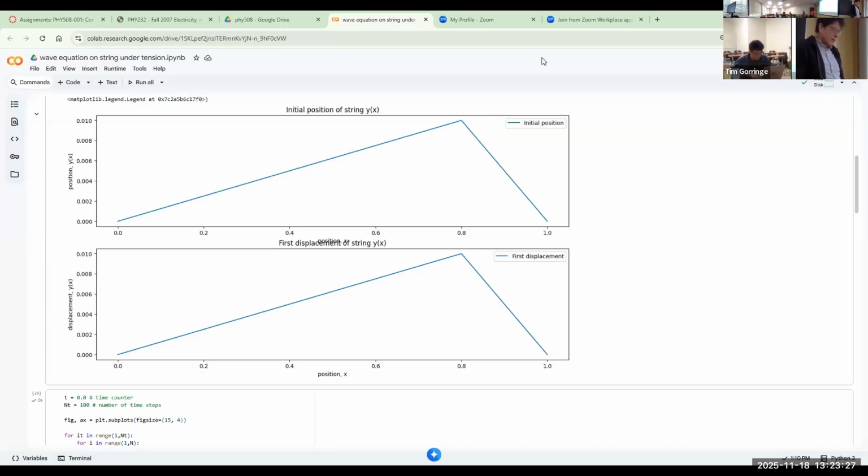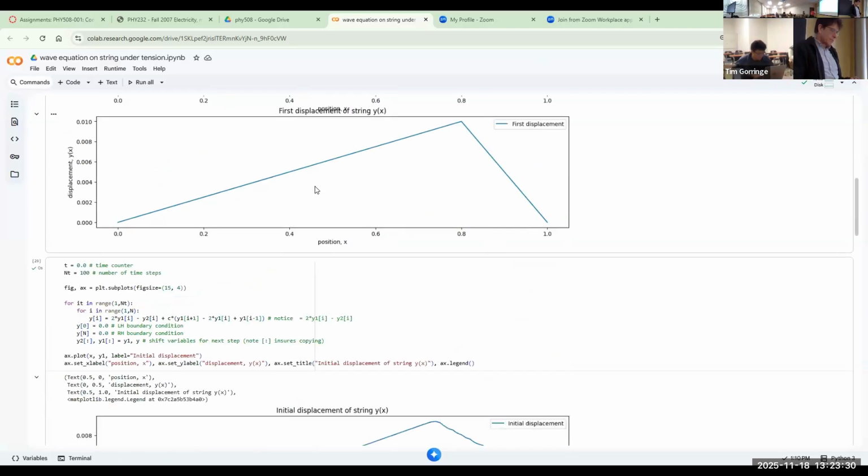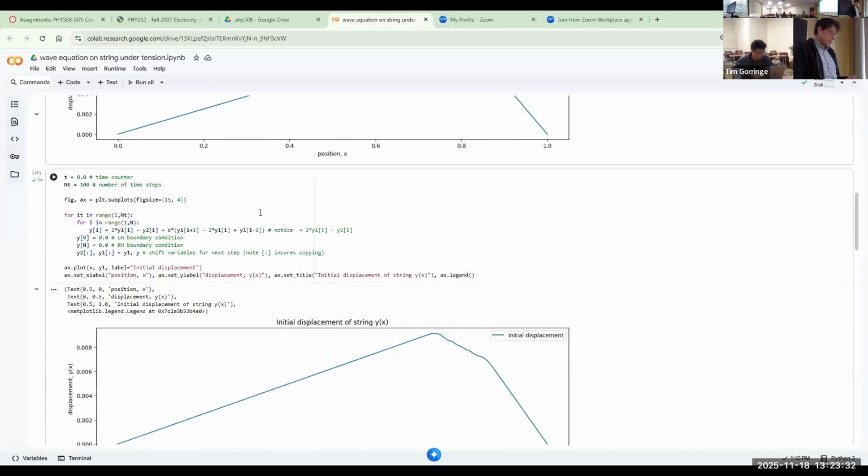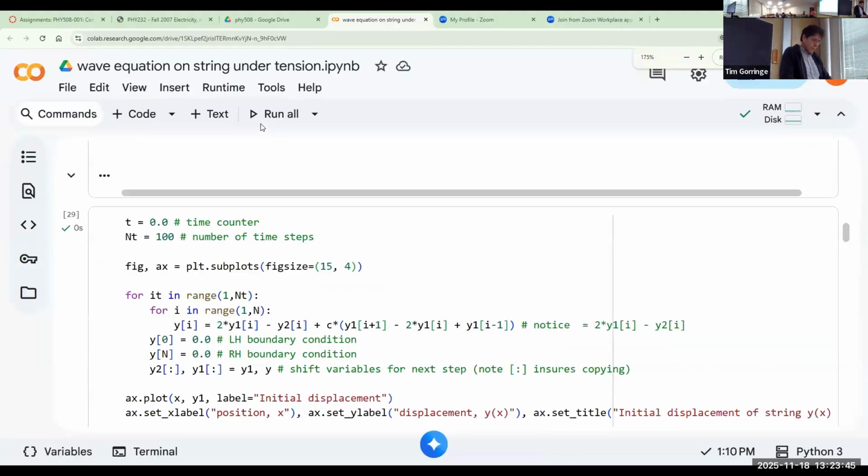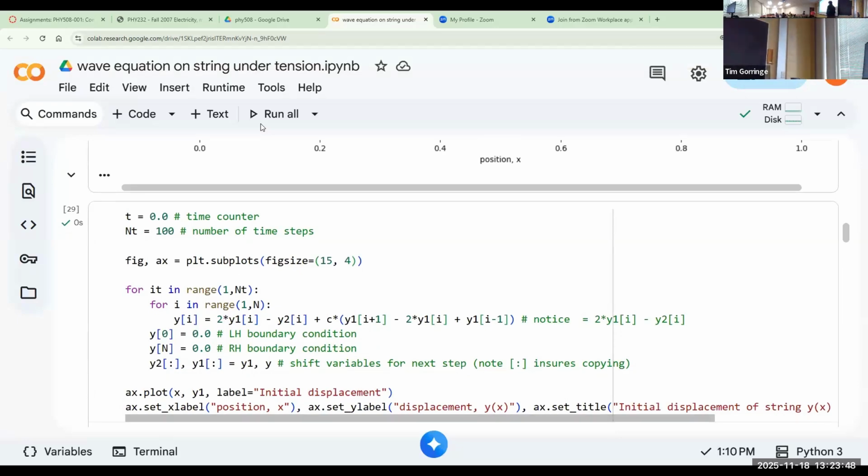In the next cell, I'm going to increment the time by many time steps. I just pick 100 time steps to increment.